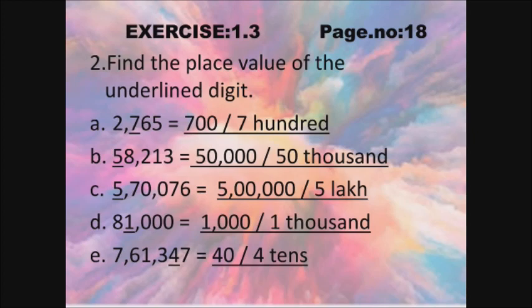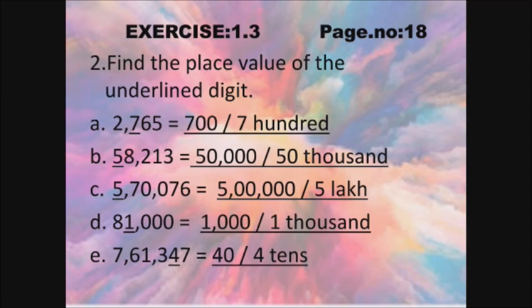Next, C sum, 5,70,076. Here 5 is underlined. So tell me the place value of 5 here. Yes, it is lakh. So I have written in numbers as well as in words. 5 lakh.